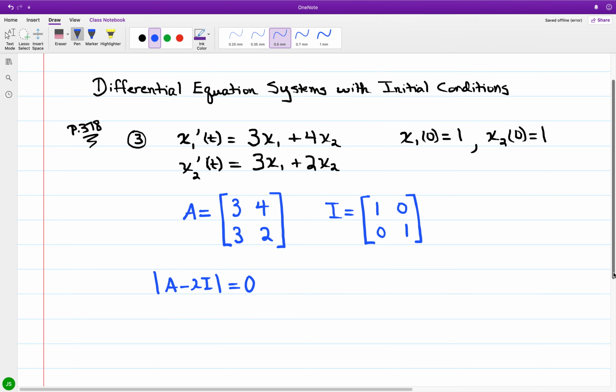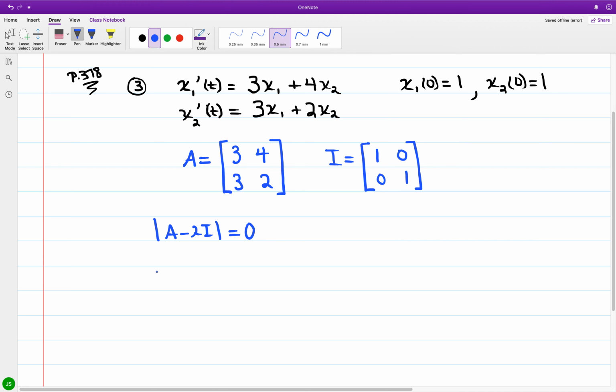In the determinant setup, we have 3 minus lambda times 1, so 3 minus lambda. We have 4 minus lambda times 0, so that stays at 4. We have 3 minus lambda times 0, so we have 3. And we have 2 minus lambda times 1, so 2 minus lambda, equal to 0.